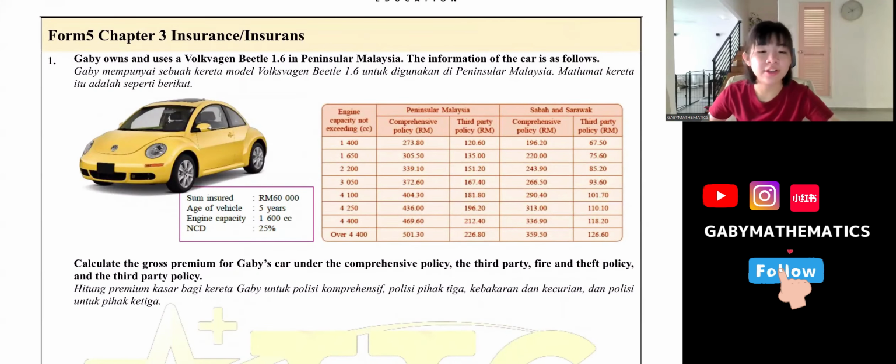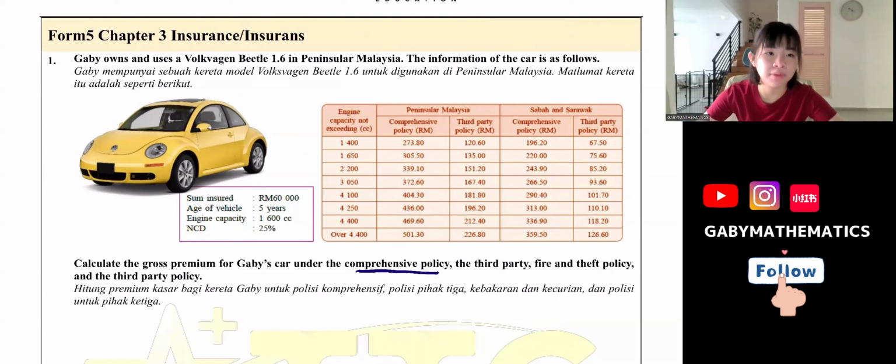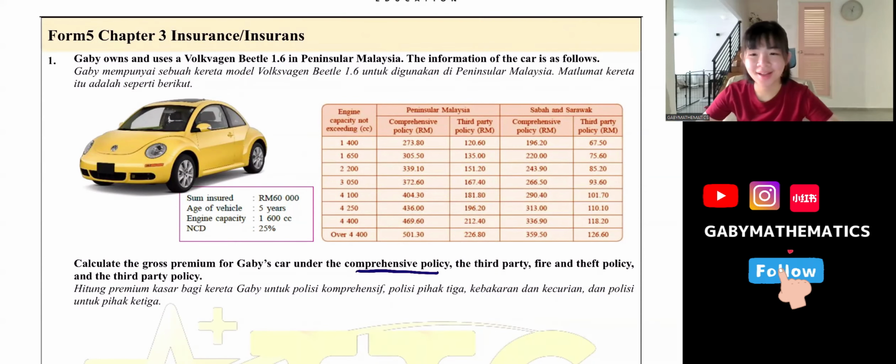Okay, the first question here is motor insurance. For a comprehensive policy, guys, what is the rate for every 1,000 if the car is driven in Semenanjung Malaysia? Do you all remember? Okay, it's 26 ringgit.